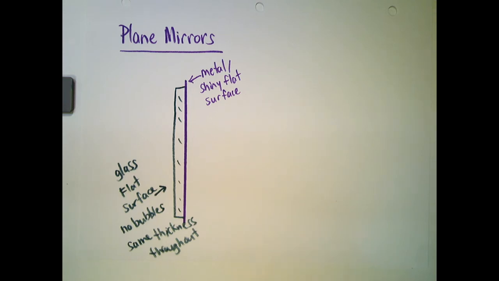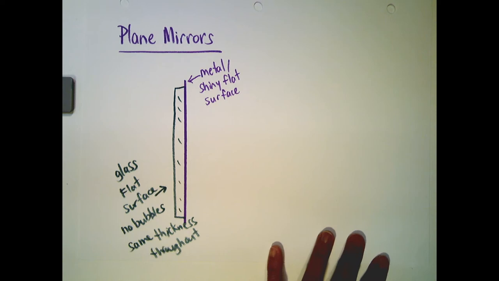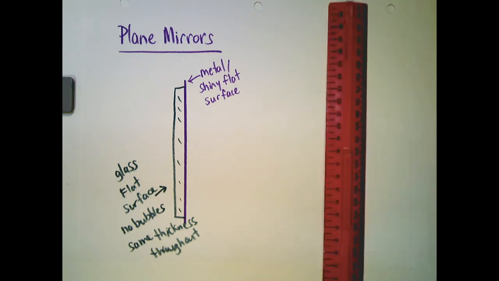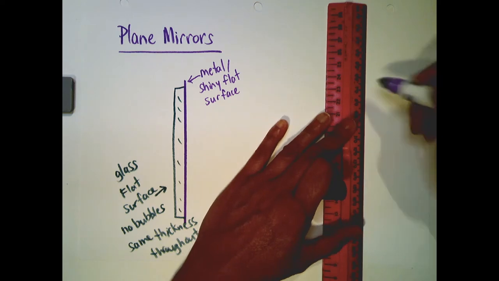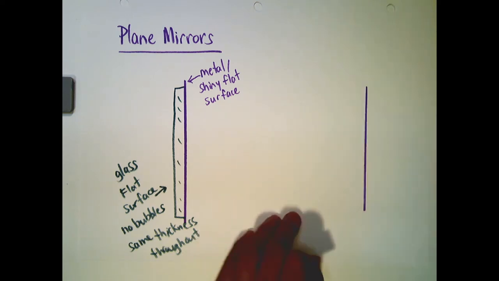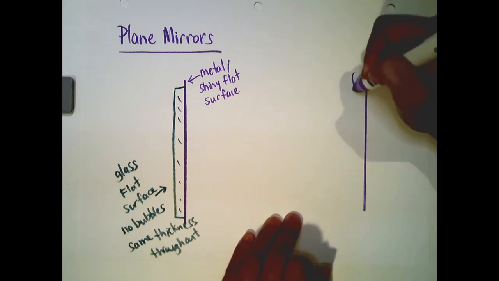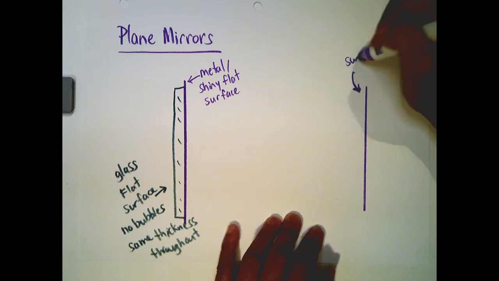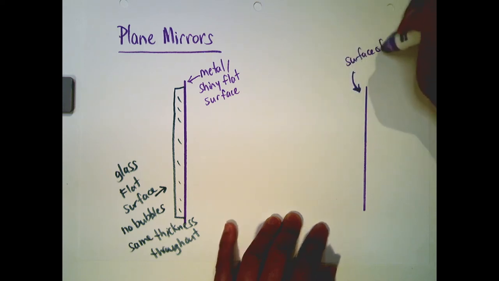Now, in science class, we're going to be drawing diagrams, and you have to know the symbol for a mirror. The symbol for a mirror looks like this. You have a line, and this represents the shiny glass surface.